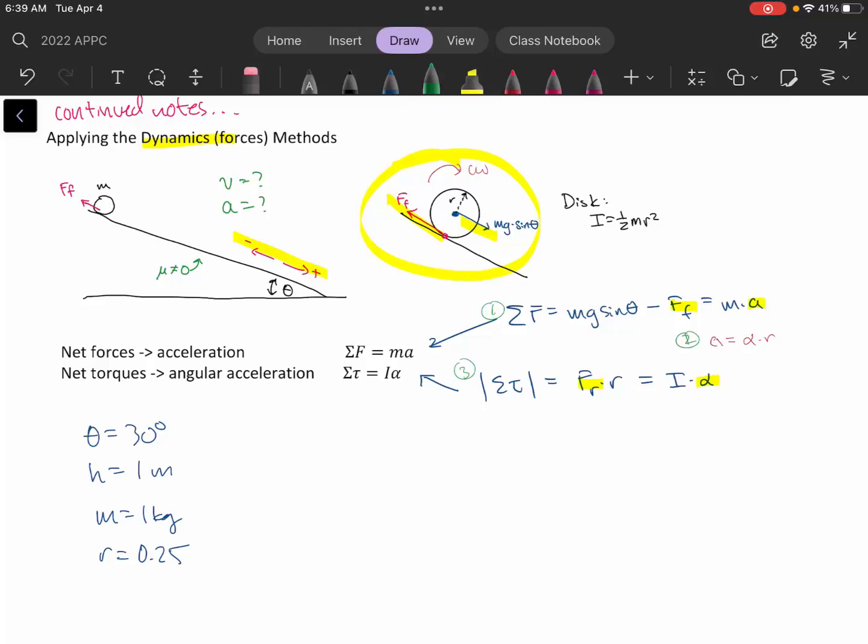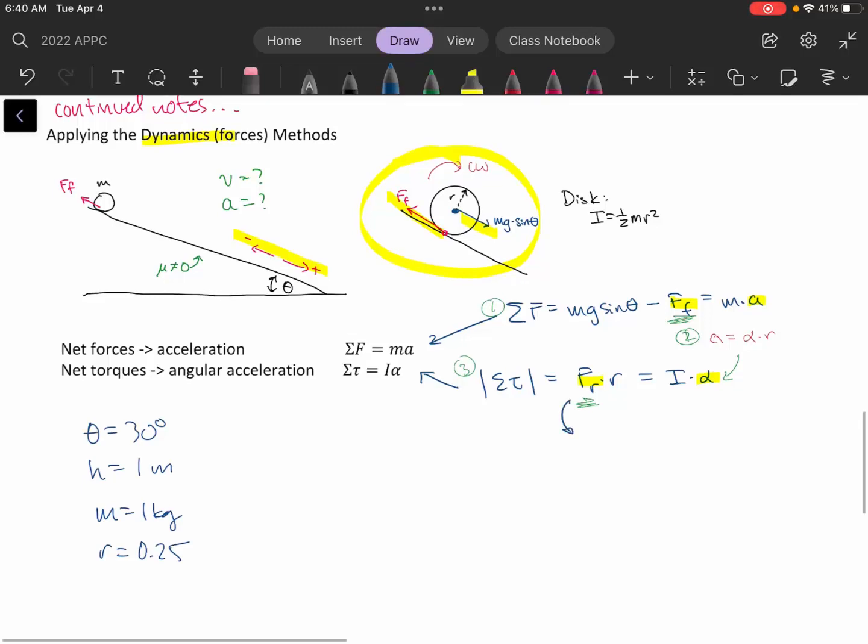So as long as we do some substitutions and we end up with a equals, we're good. So we're going to start off by getting rid of everything that's not an a. We're going to use this conversion factor to get rid of alpha. Then, since we don't know what the force of friction is, and we're not being asked to solve for it, we can use one of these equations to solve for friction and sub it into the other. I'm going to go ahead and do that using the torque equation first.